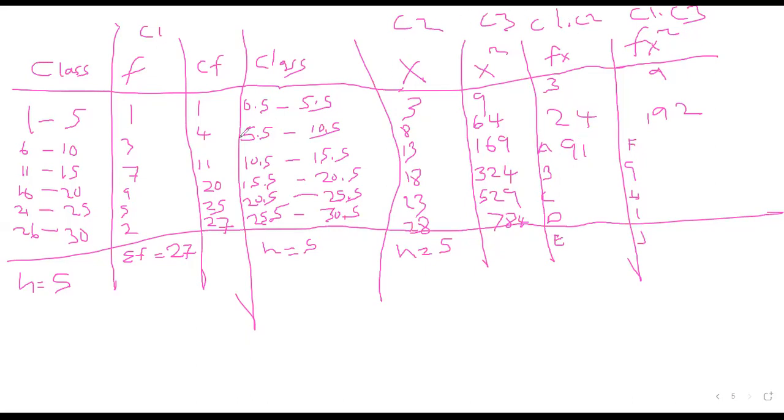You always start from this times x squared. So 7 times 169. What do you get? 7 times 169. 1183.